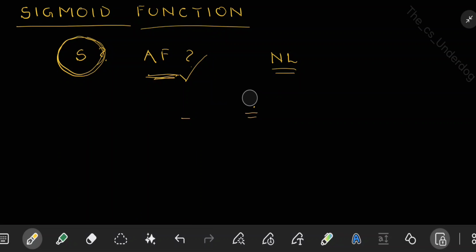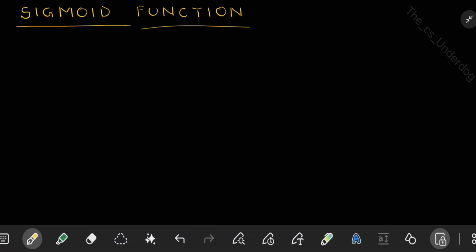Okay. So the first thing is, what is a sigmoid activation function? A sigmoid function is a mathematical function that maps any real value into a value between 0 and 1. This is the speciality of a sigmoid function.